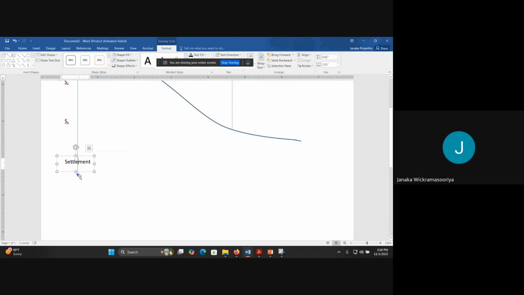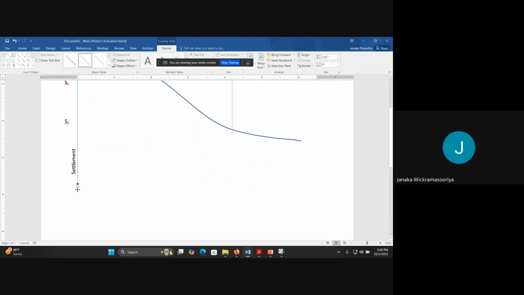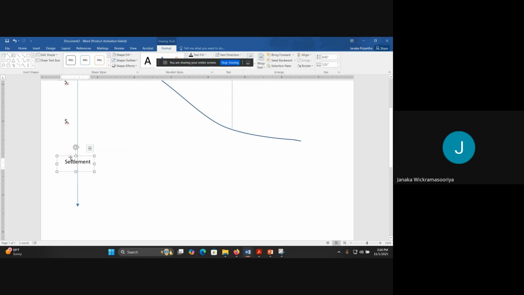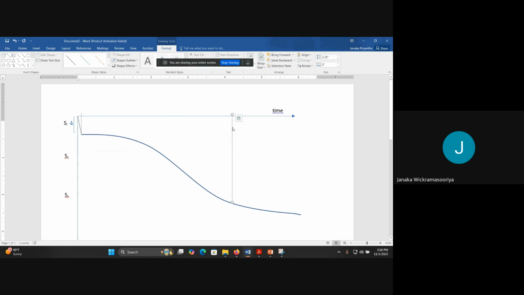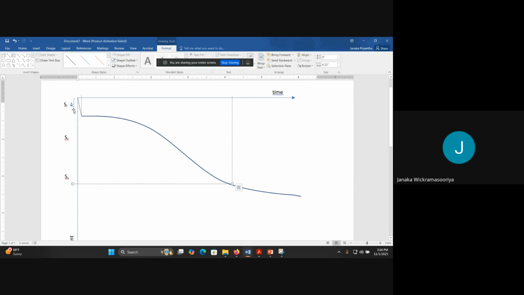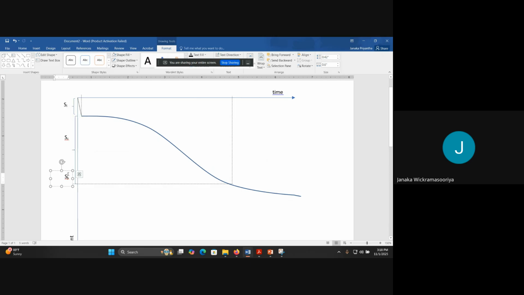Therefore, let's take this slightly downwards. So this would be the settlement, the consolidation settlement, right?